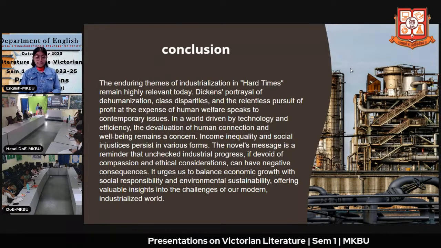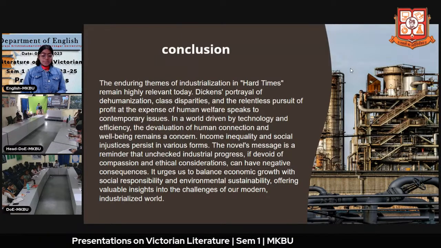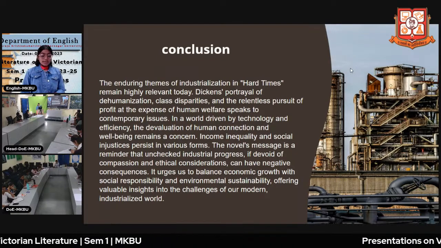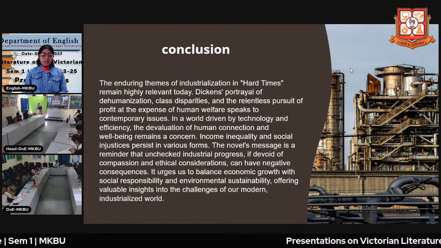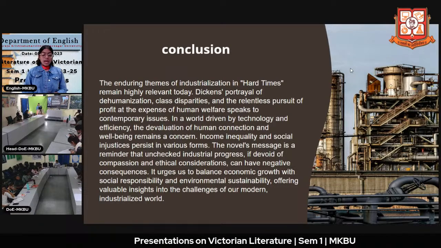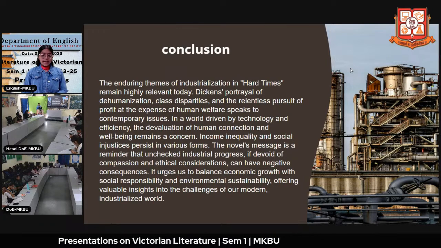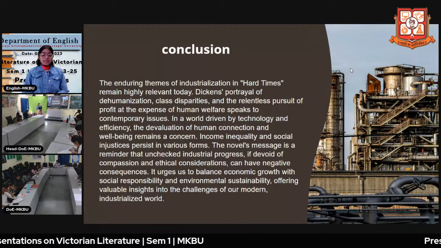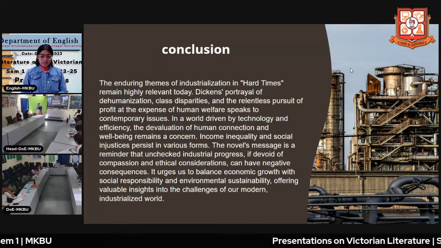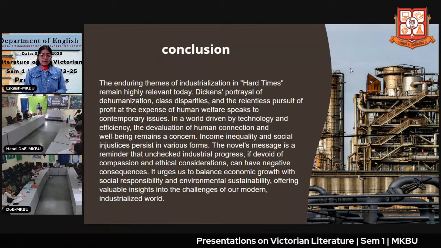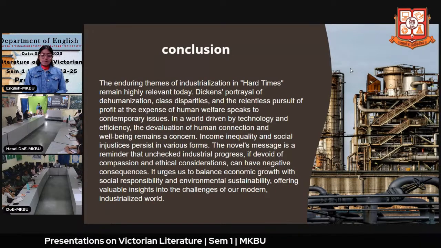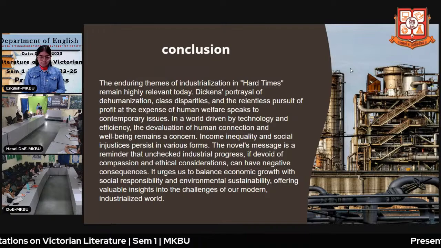Income inequality and social injustice persist in various forms. The novel's message is a reminder that unchecked industrial progress, if devoid of compassion and ethical consideration, can have negative consequences. It urges us to balance economic growth with social responsibility and environmental sustainability, offering valuable insight into the challenges of our modern industrialized world.